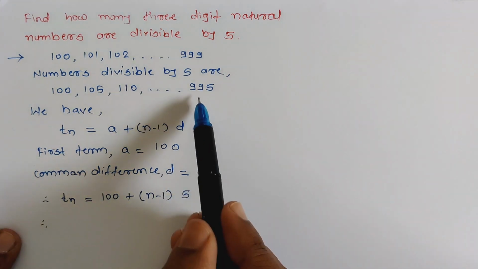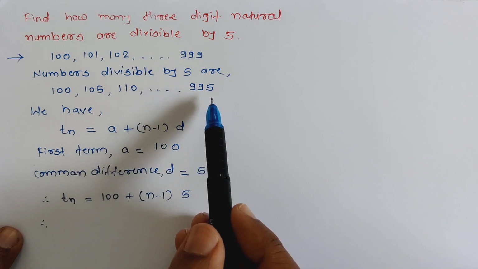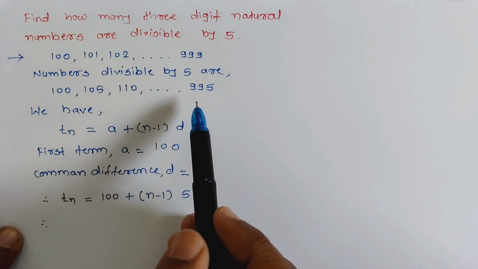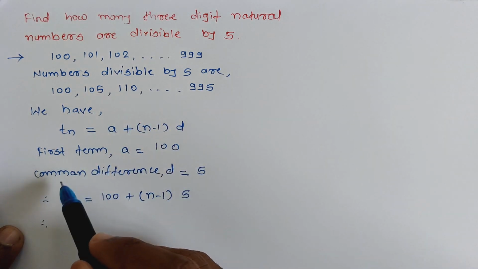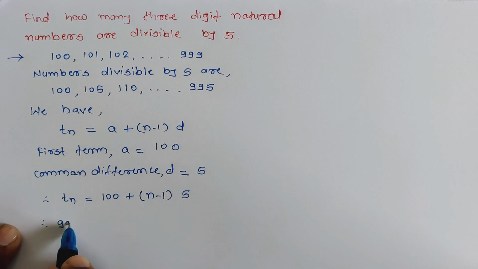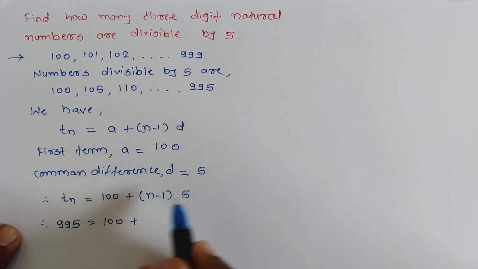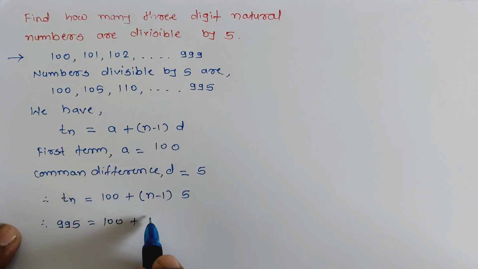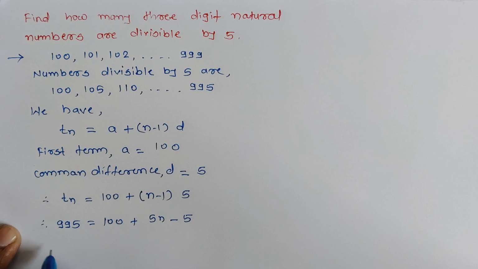Now the last term is 995 and we have to find the number of the 995 in the given AP. So that's why instead of Tn we will take 995 is equal to 100 plus, now we'll simplify this, 5 into n, that is 5n, minus 5 into 1, that's 5.